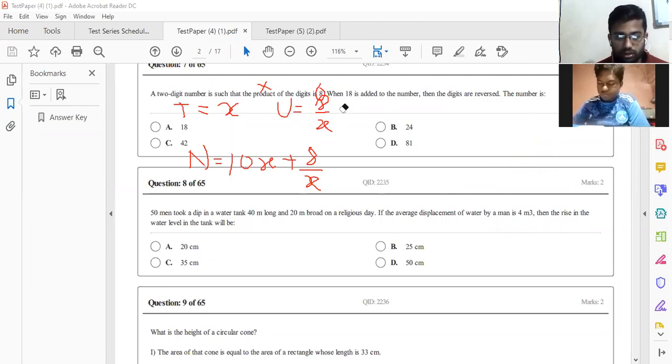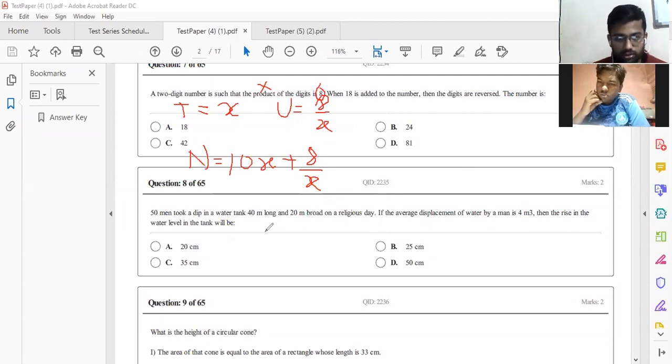See, now they are saying when 18 is added to the number, then the digits are reversed. Okay, means if you add 18 to the number, then digits are reversed.